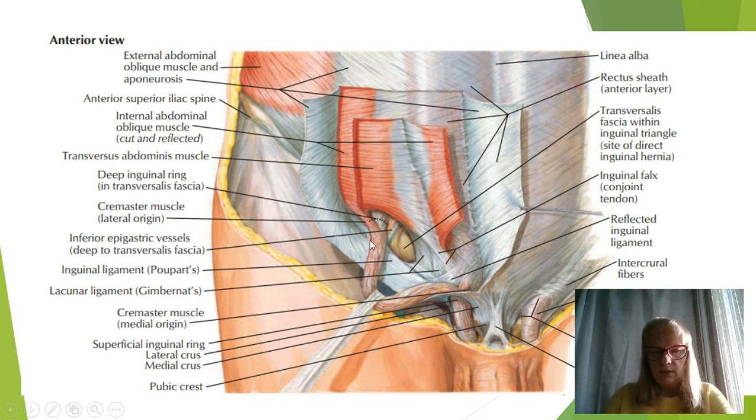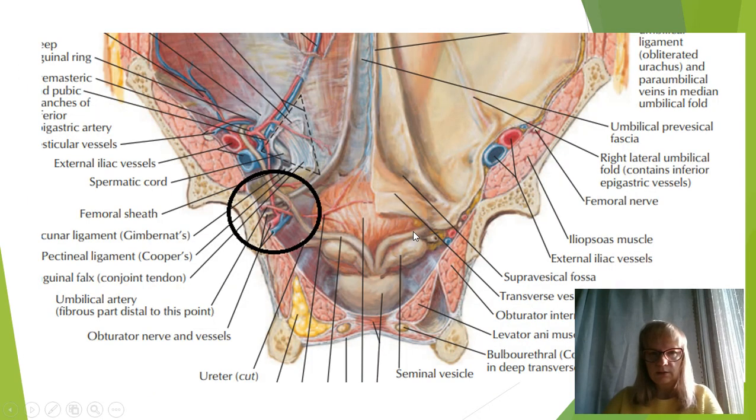So on this image, visible are two rings, because the canal has an inlet and an outlet. The inlet is the deep inguinal ring. It projects to the inner side. Sorry, I come back to show some things here. Good visible, please. Again, inner side, abdominal cavity.